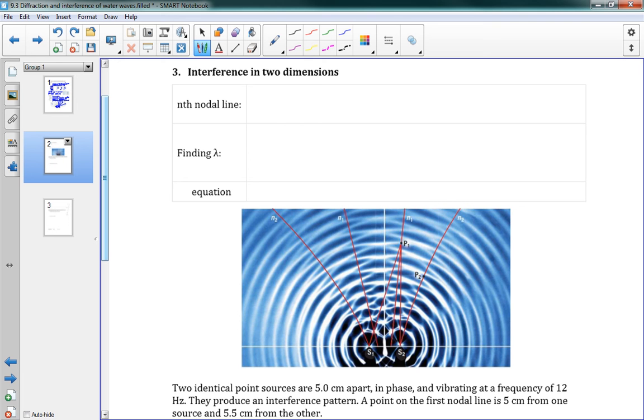So these nodal lines, like I said, we can count them. The nodal lines can be numbered.